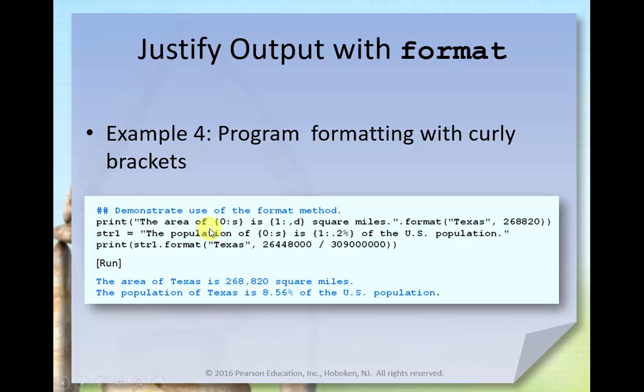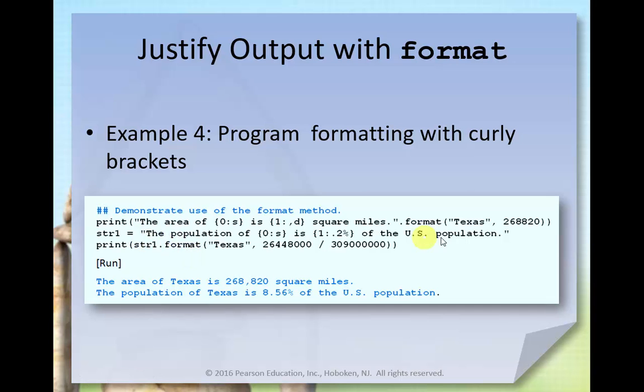So the area of, starting at the 0th element in a string format, is subelement 1 with a separator of comma in a decimal format, square miles. And this is the data that we're actually formatting and processing. So that prints right here. The area of Texas is 268,820 square miles.